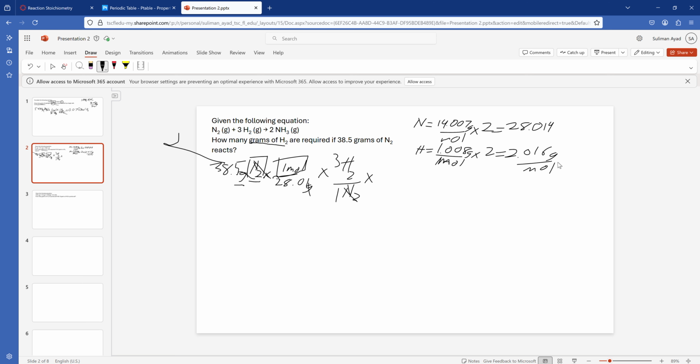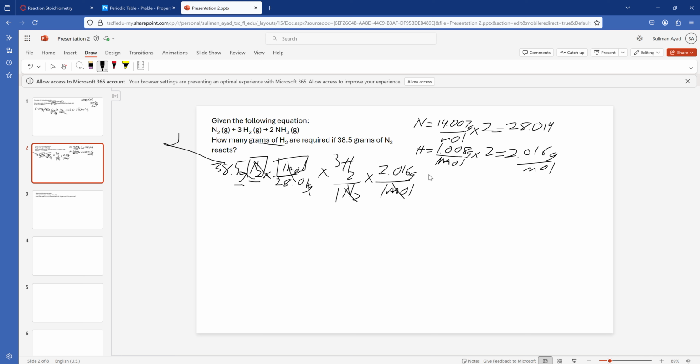Now, I need to think hard about where I want my units to cancel here. I've got moles on top over there, and I want grams as part of my answer. So I'm going to put the 2.016 grams on top, and I'll have the 1 mole on the bottom. Moles cancels with moles, and when I go through and solve here, that should give me the answer.